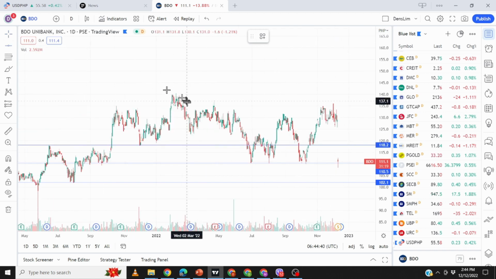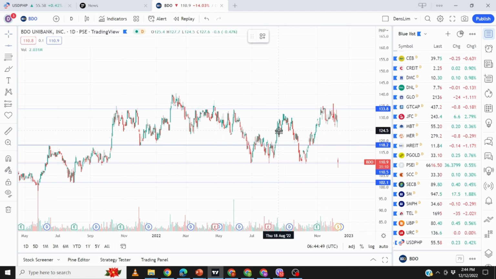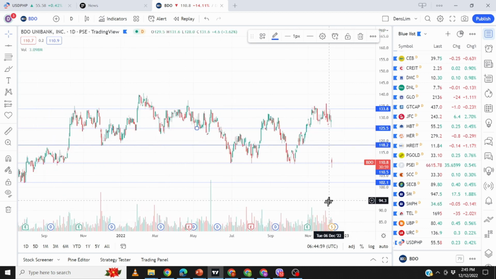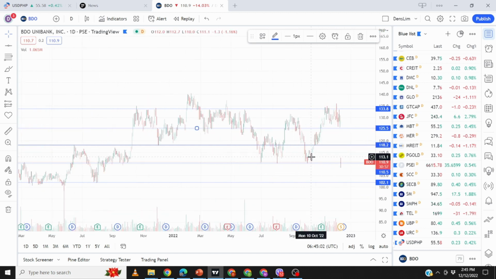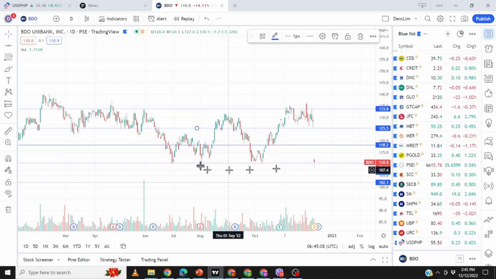So we can draw another horizontal line here because we clearly see the price touching that line several times this year. We can also draw another horizontal line at this level because we're also seeing several touches of BDO's price action at that level. So now you have a nice horizontal chart for you to look at, no? So it's 110.